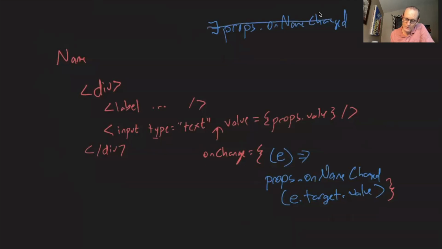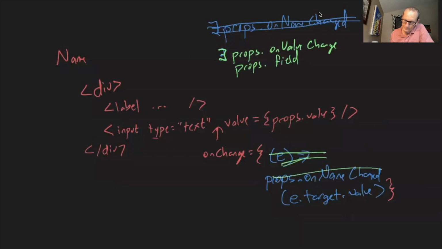So now there's no props on name changed. Instead, what do we have? We have props.onValueChange and props.field. Now, what do we know? We know we still get a parameter, which is e, right?